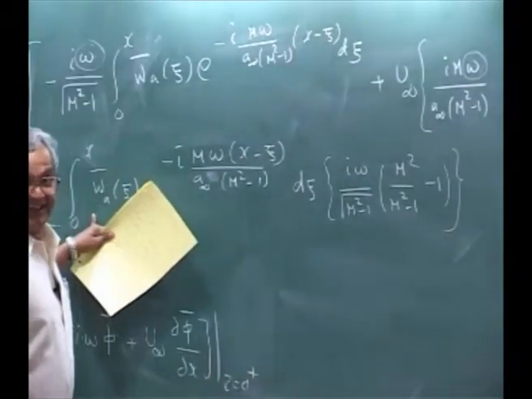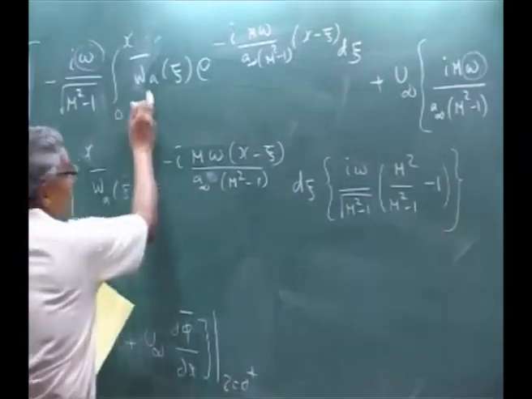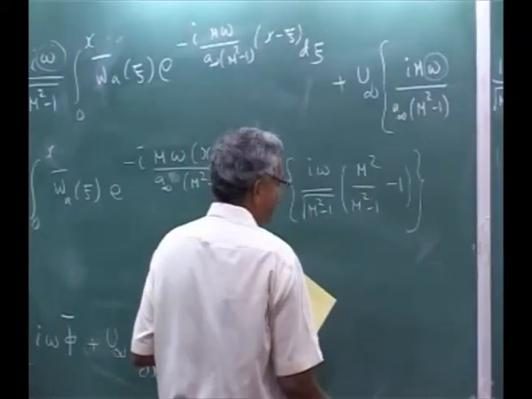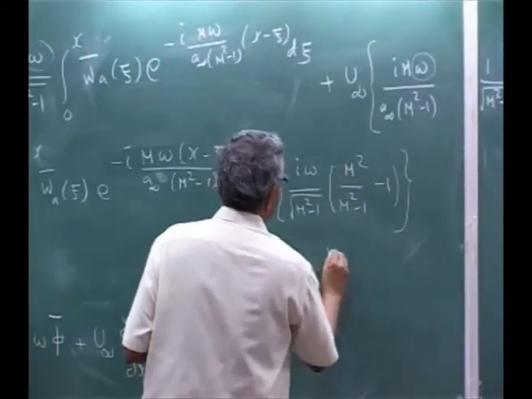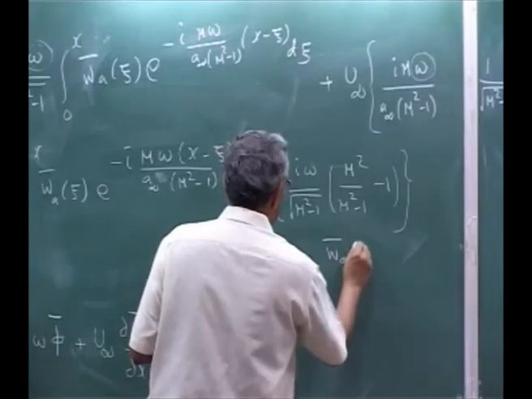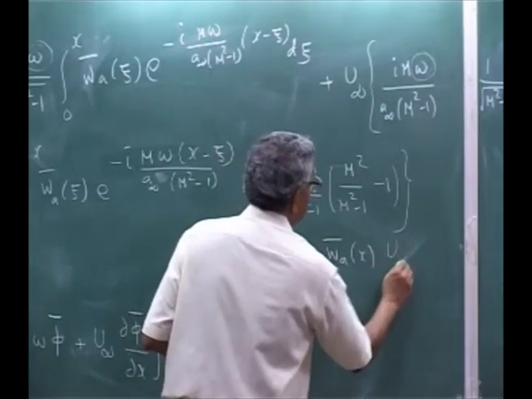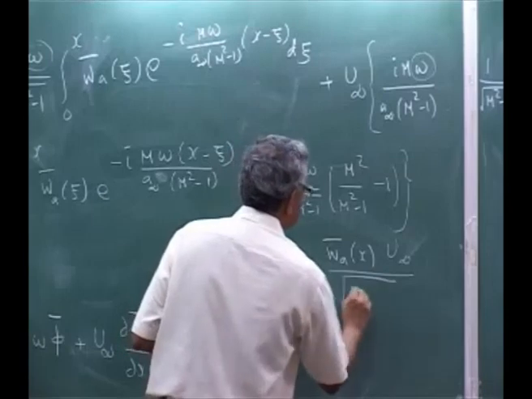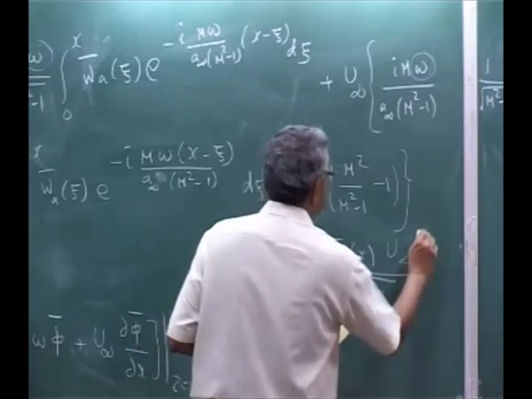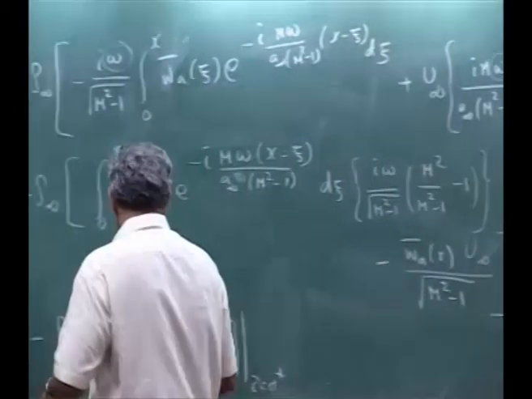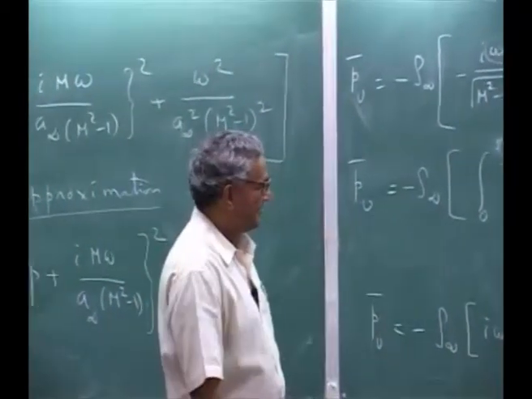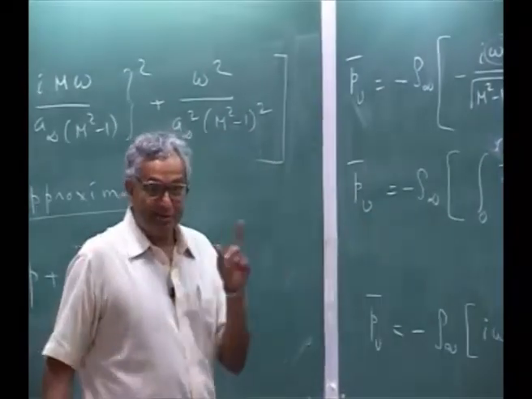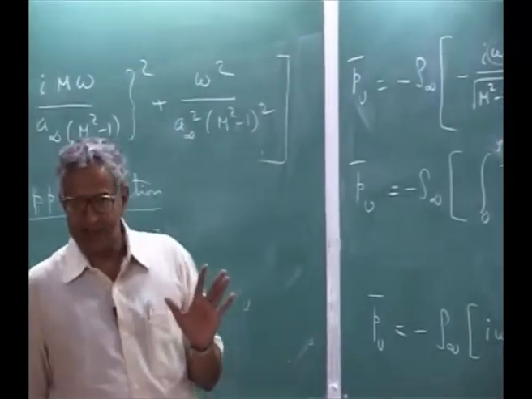This is the first two terms, and the next term will be minus w bar a x u infinity over root of m square minus 1. That's all. Now here only you make that, that's why this is a messy algebra.